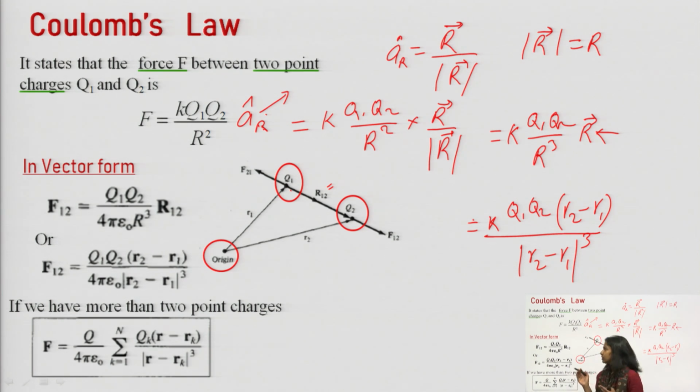We have discussed force between two charges, but if there are more than two charges, then how do we find the force? Well, if we have more than two point charges, we need to apply this formula where q is the charge on which we need to find the force, and qk is the other charge due to which we need to find the force on q.